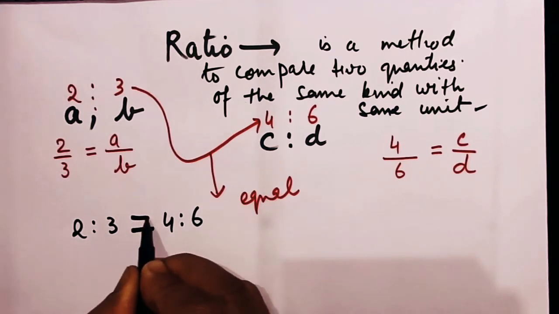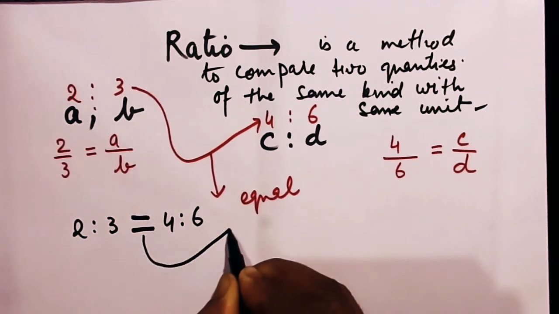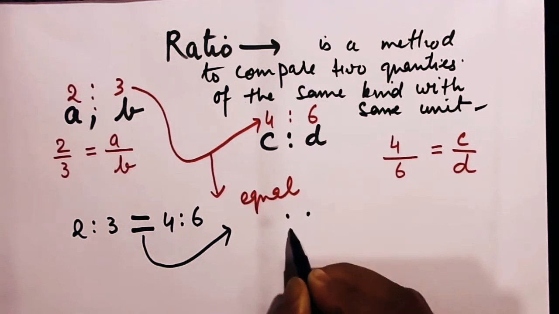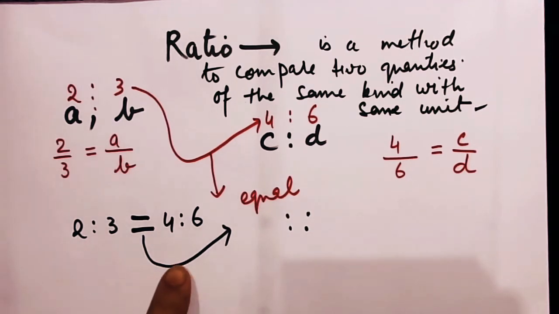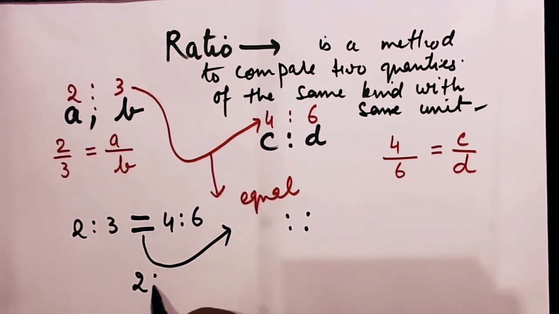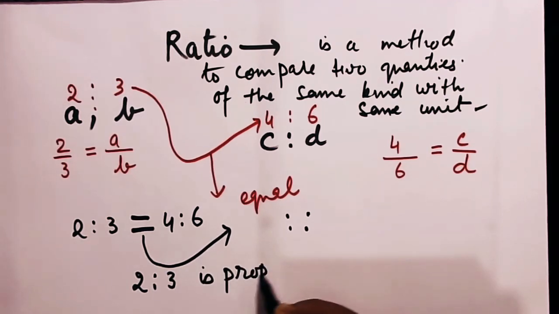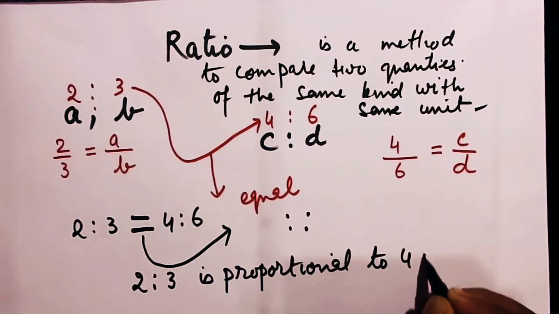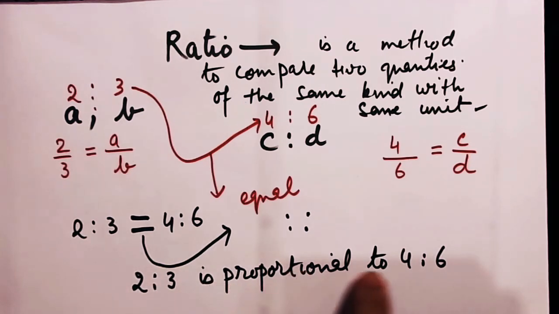Now this equal to is represented by these 4 dots, and we say that 2:3 is proportional to 4:6. Have a look. 2:3 is proportional to 4:6. So how are you going to write this?